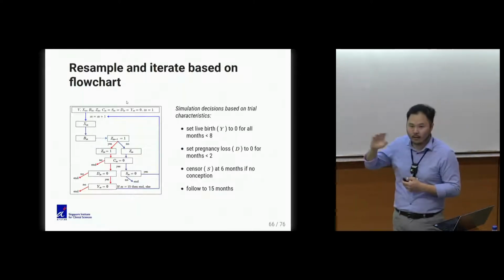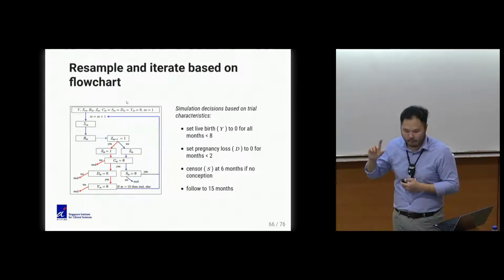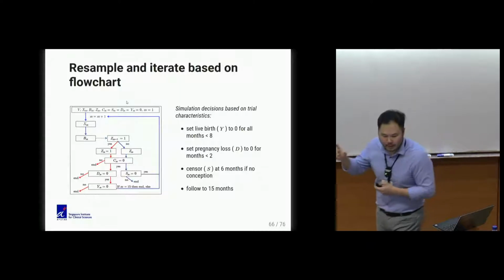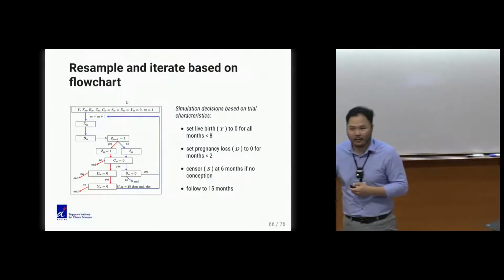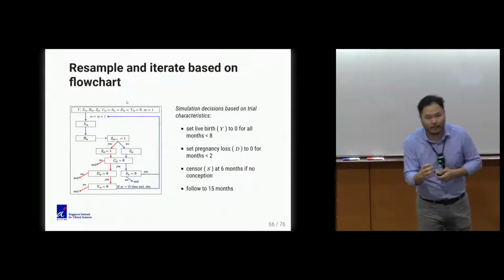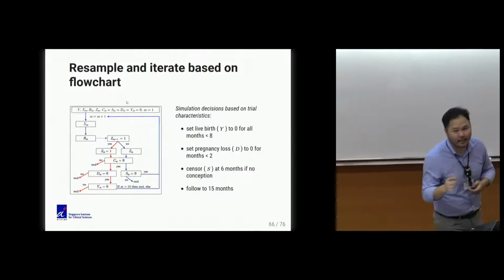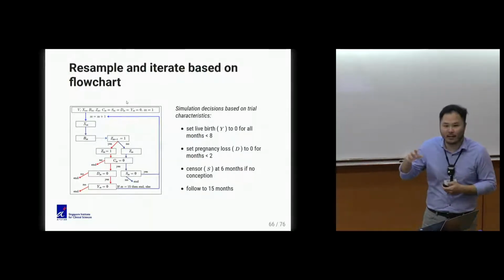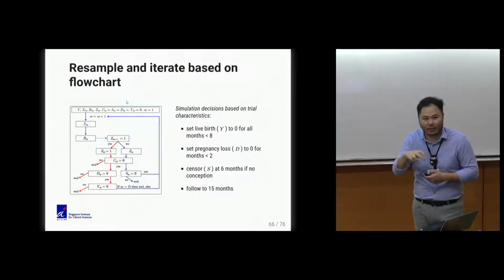In the data, there are no pregnancies, conceptions that were identified in less than 2 months. So when you're doing these simulations, you can force values for a certain iteration. So for the first 8 months or for those 2 months, that particular observation has to take on that value. And that basically increases the efficiency that your model fits the actual data.